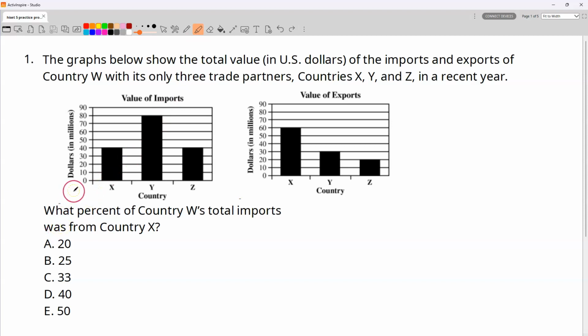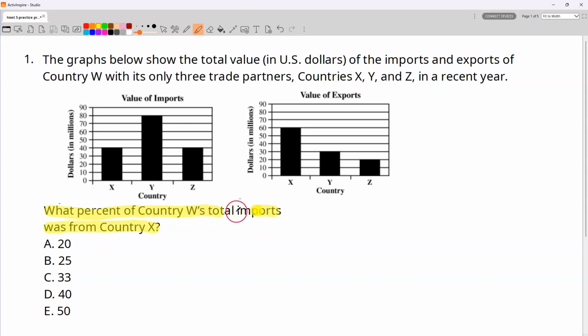Now, let's go to the actual question. It says, what percent of country W's total imports was from country X? I like this. So we're clear that this is the question. So what percent of country W's total imports was from country X?